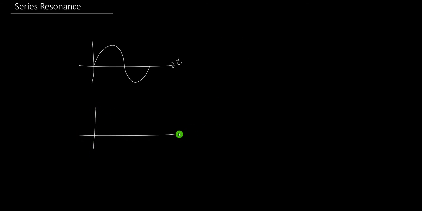That's why it's called the frequency response, or simply omega, where omega is the angular frequency, which is equal to 2 pi times the frequency. So we will plot what happened to the voltage and the current when we change the frequency.